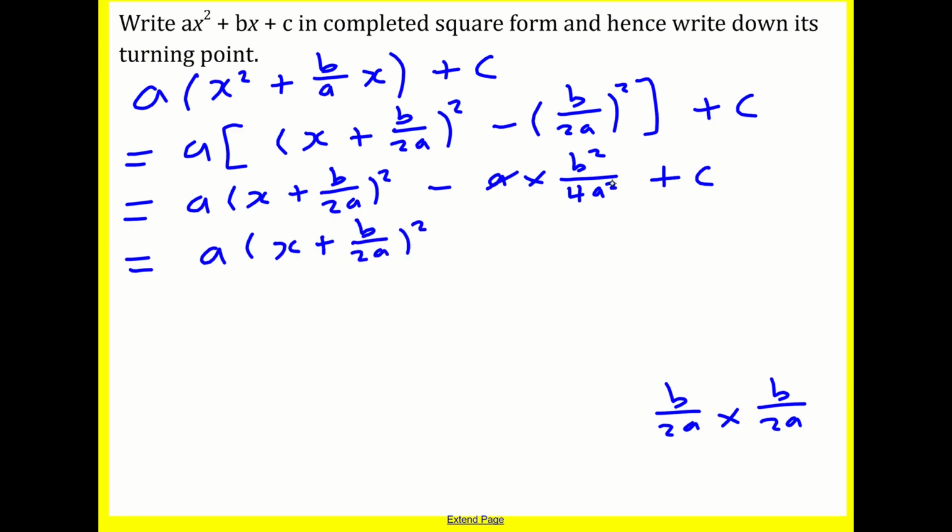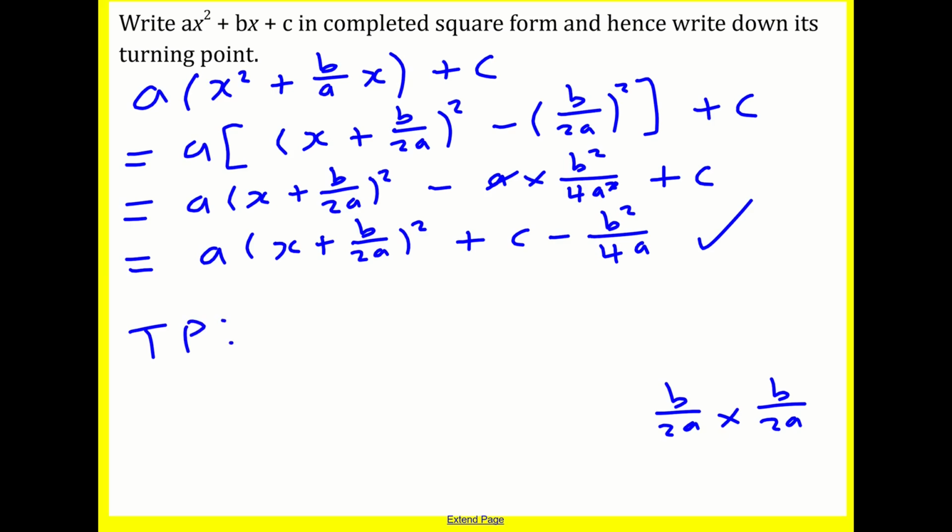Right, the A and the A squared partially cancel. So I'm going to do plus C minus B squared over 4A. And we can't simplify that anymore. You could maybe write this under a common denominator, but I think it's okay to leave it like that. So the turning point, and we don't know if it's going to be a maximum or minimum.